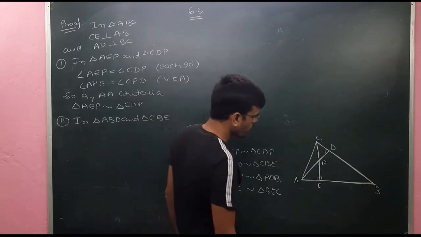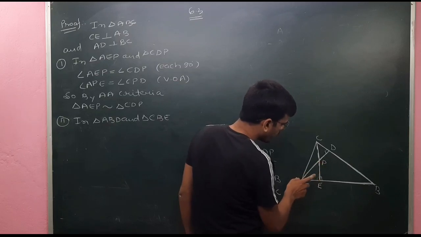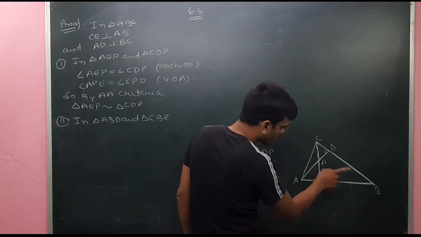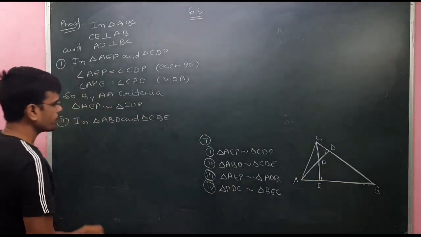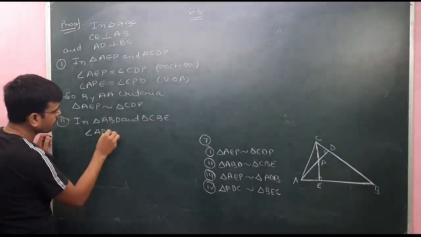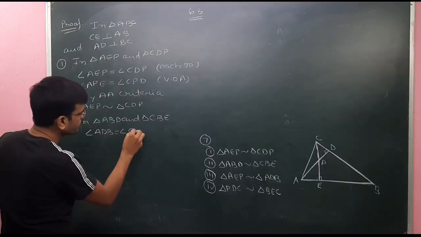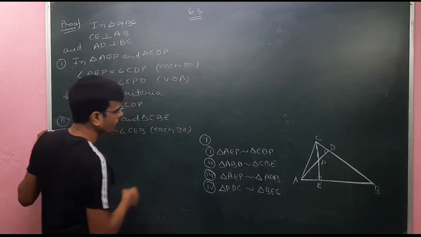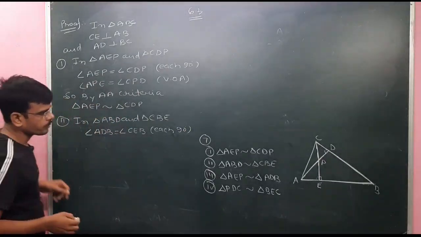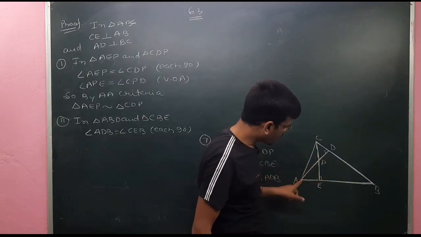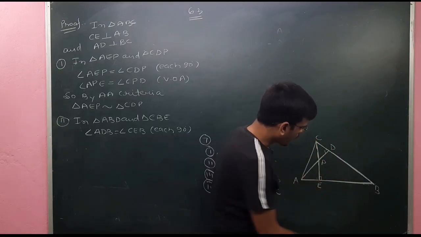You can see that in triangle ABD this angle is 90 degrees, and in triangle CEB the angle CBE is 90 degrees. Angle ADB is equal to angle CEB, each 90 degrees. Second, in both triangles ABD and CEB, angle B is common.